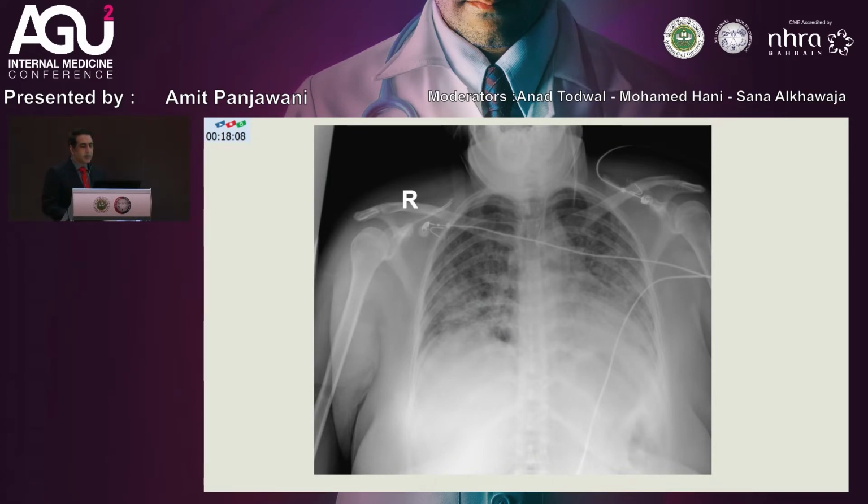The X-ray was classically showing features of alveolar opacities, interstitial opacities, which were present in both the lungs, predominantly in the middle and the lower zones.